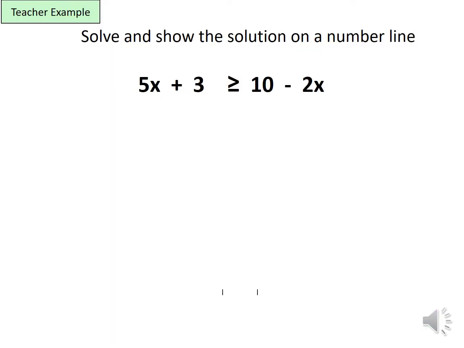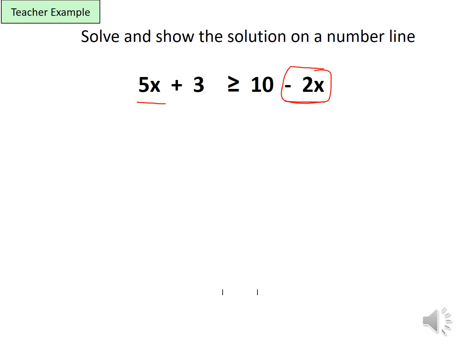Similar to the previous lessons, this one has an inequality where you have x's on both sides. What we want to do here is identify which of the sides has a smaller x or a more negative x. This is a positive x and this is a negative x over here, so I'm going to get rid of the one where we have a negative.